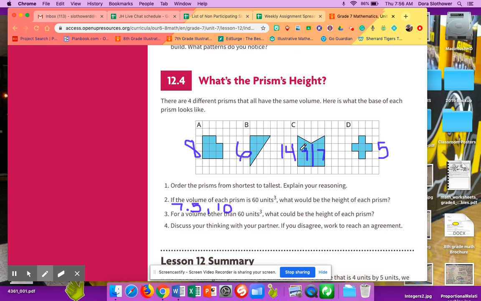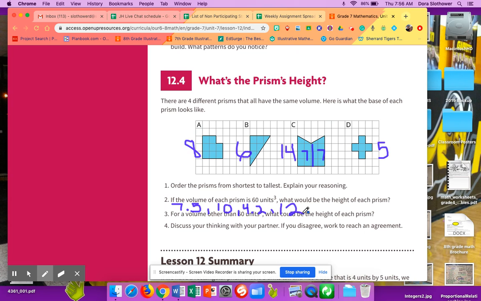And then here, 60 divided by 14, and that would be about 4.2. And then the last one, 60 divided by 5, and you'd get 12.